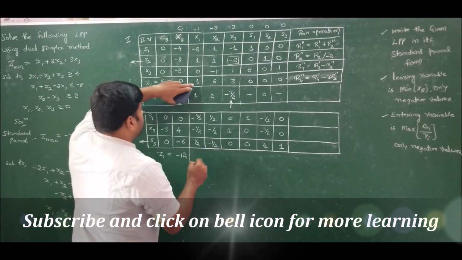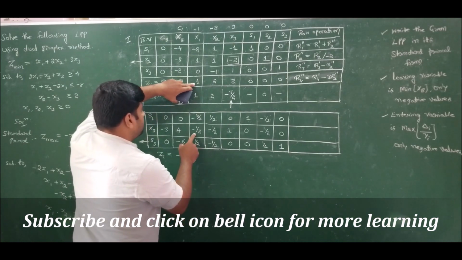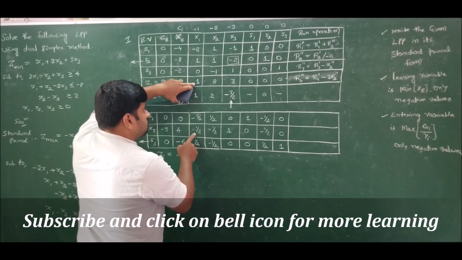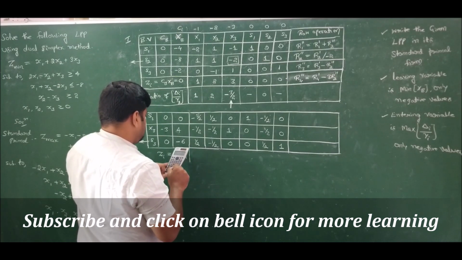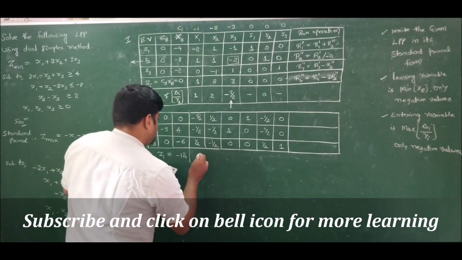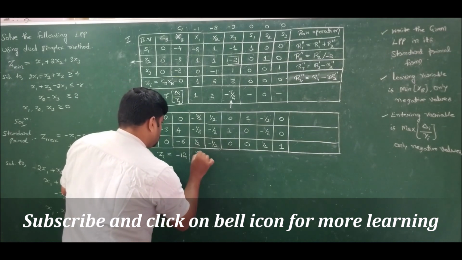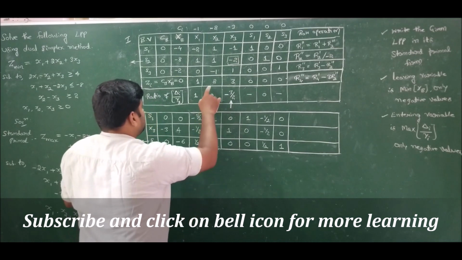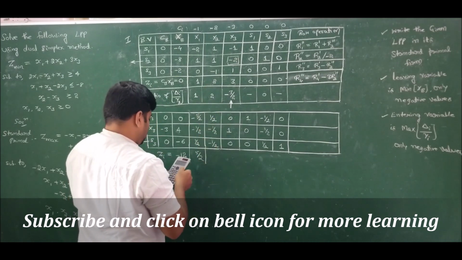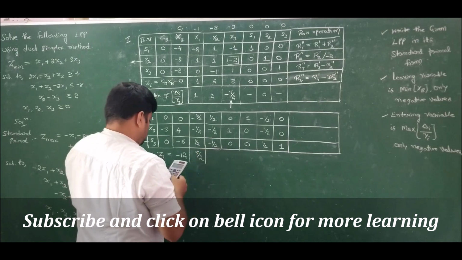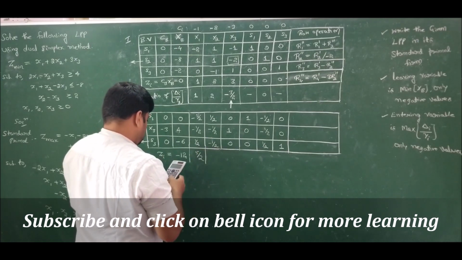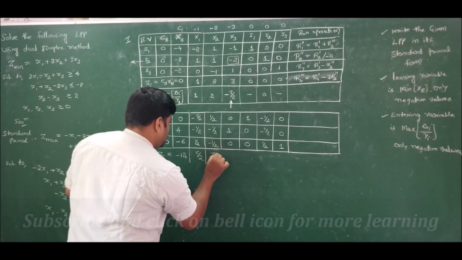Next we have 1 here, here we have 3 by 2, so therefore it is 1 minus 3 by 2, which is 5 by 2. Here I have 2, so 2 minus 3 by 2, which is plus 7 by 2.